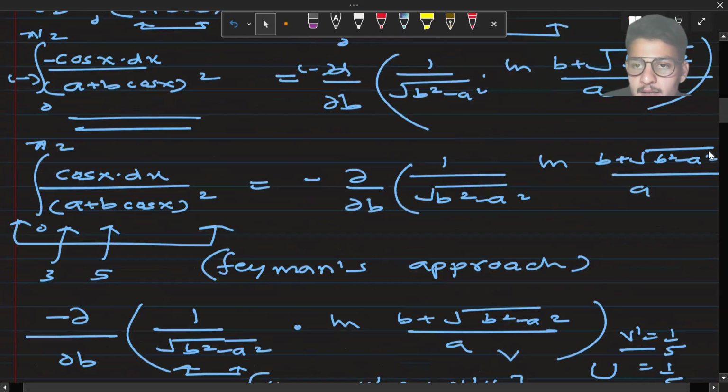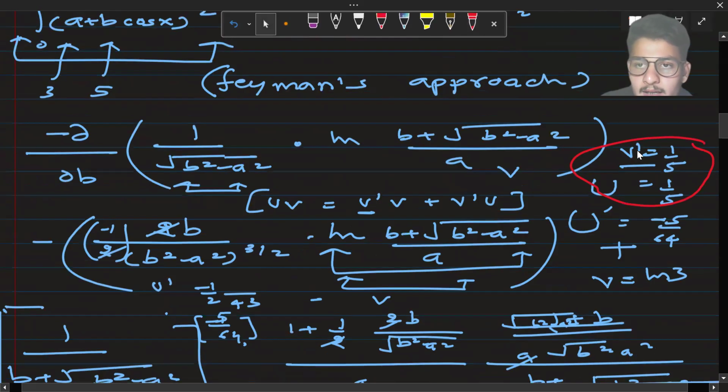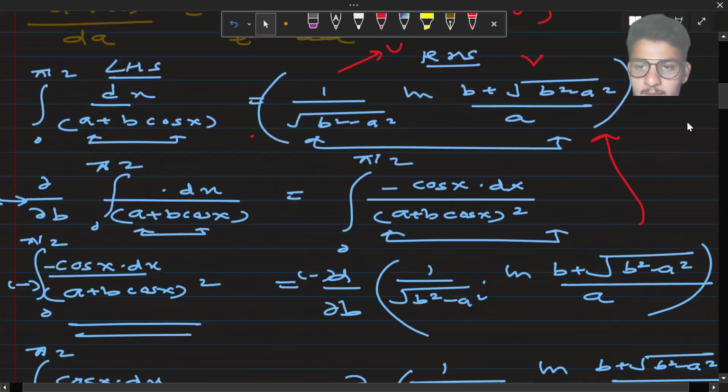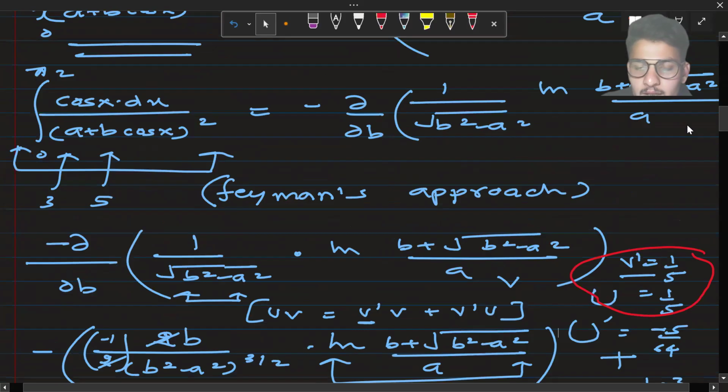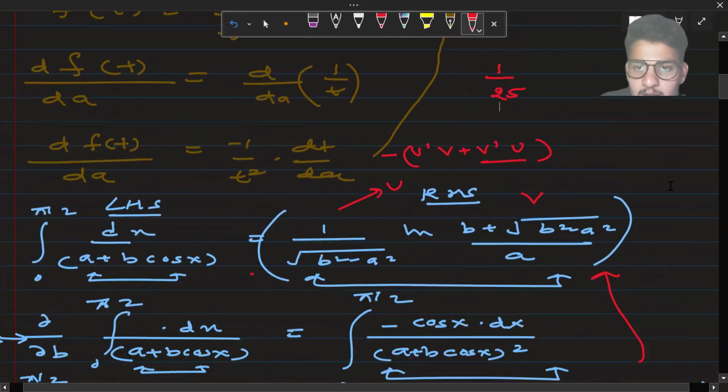We have received the values here that v dash is 1 by 5 and u is 1 by 5. These both will get multiplied in this term. That becomes 1 by 25.